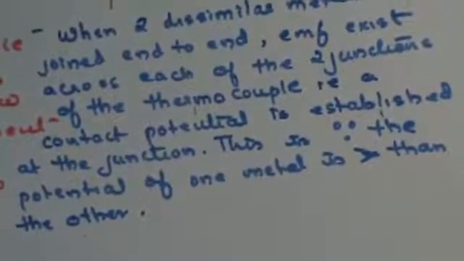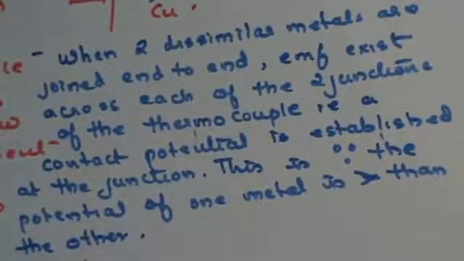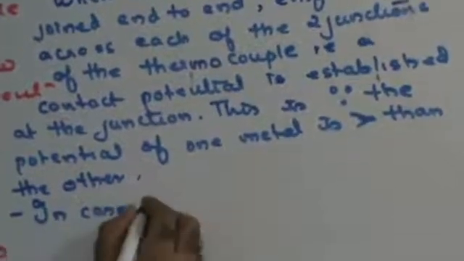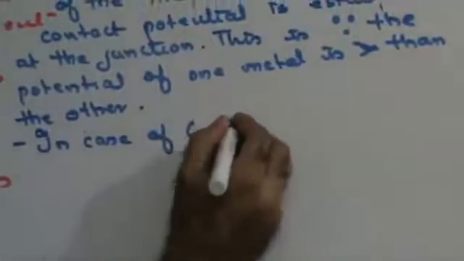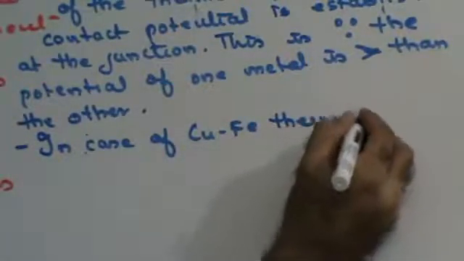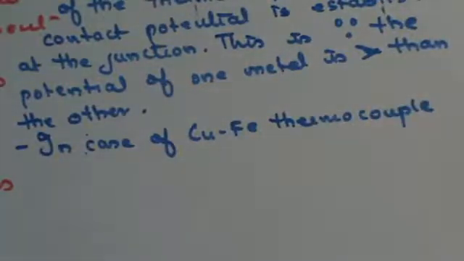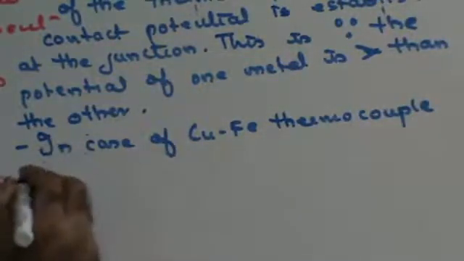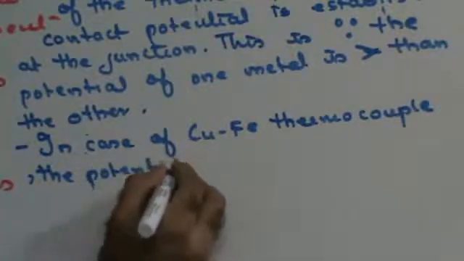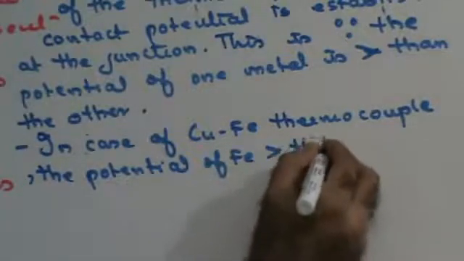Right? So, when a current is passed through a thermocouple, let's consider this case. In the case of a copper iron thermocouple, the potential of iron is greater than that of copper.